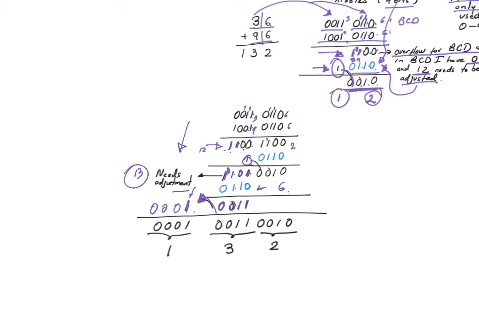So in the end, what we're going to get is, we take this down, right? It's 0, 1, 0, 0. This is the result for this addition, so this is the one we get here, and this is the one that we carried, so we get the 132. Okay, so that's how you correct the BCD problem when you're making math operations like adding, right?